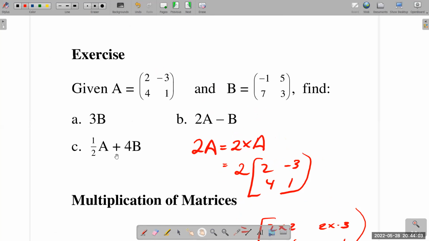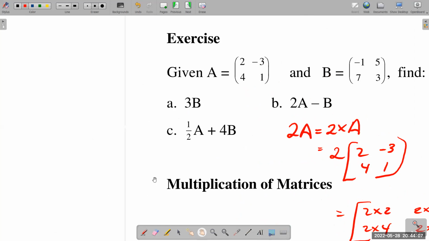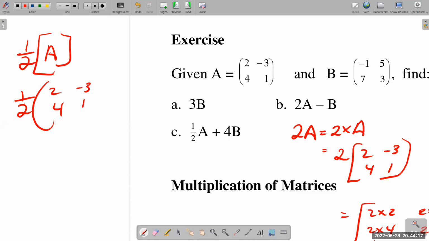Same thing happens when you use a fraction. If I tell you find a half of A, so it's going to be half of 2, -3, 4, 1. What's going to happen to each number? You're going to divide each number by 2, because we know multiplying by a half is the same thing as dividing by 2.